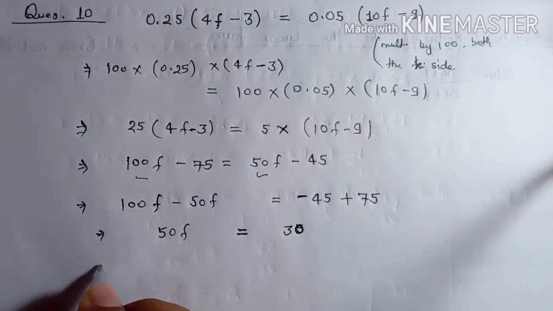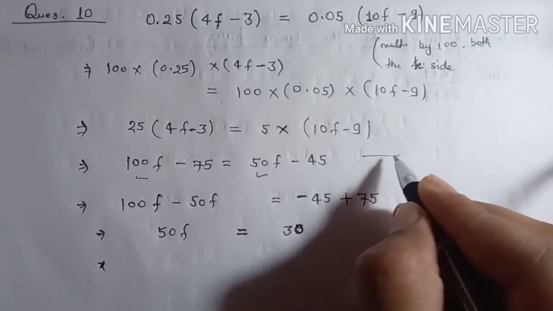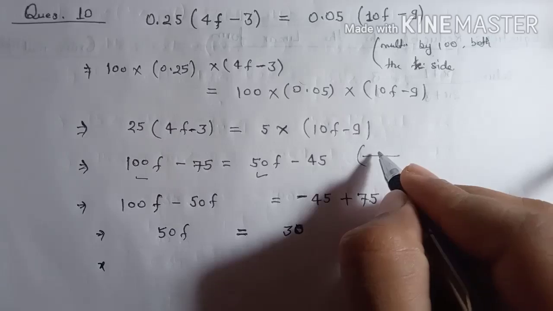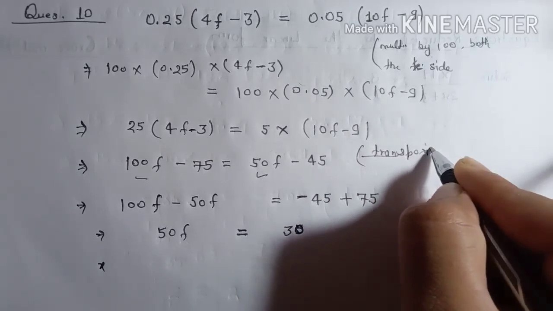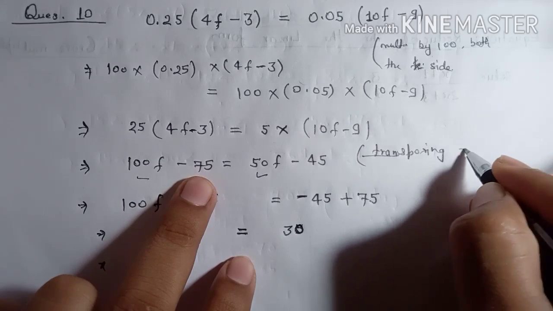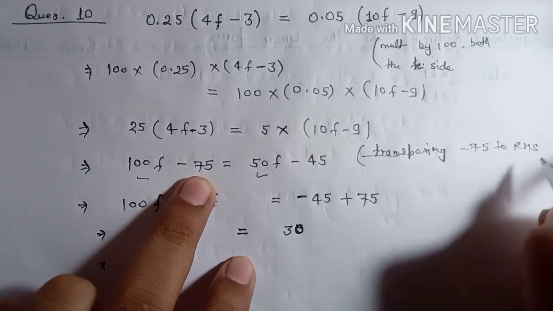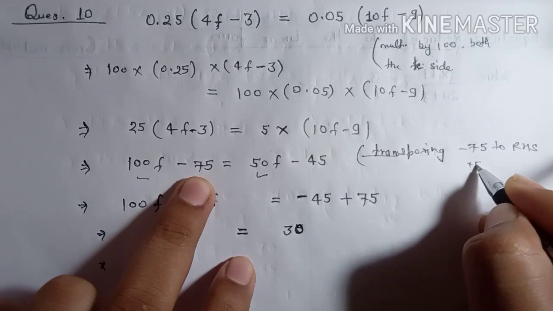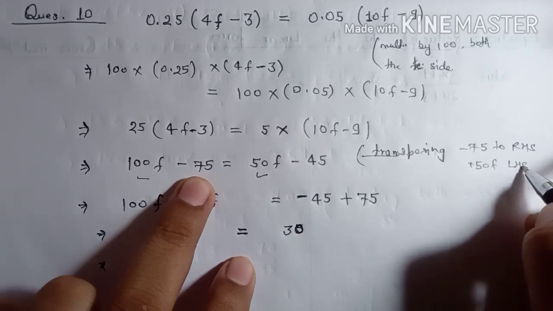Okay, now first here write transposing. You have to write here transposing, what to transpose? Transposing this minus 45 to RHS and 50f to LHS. You get this.